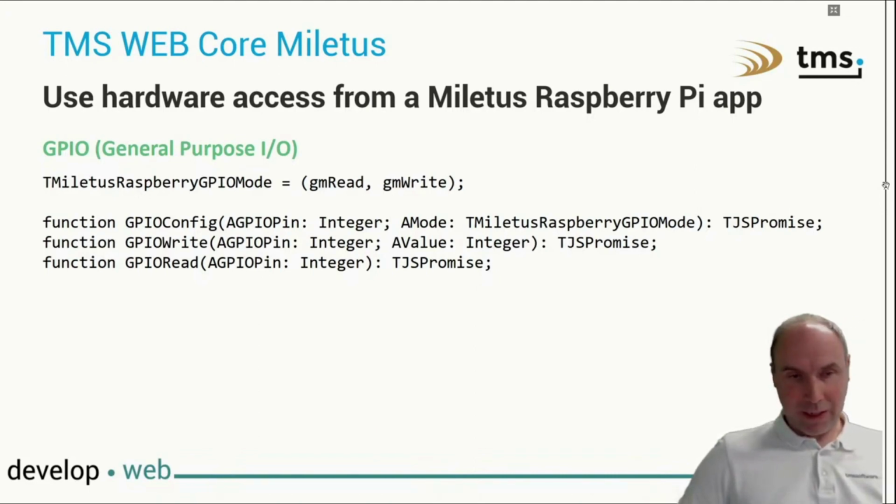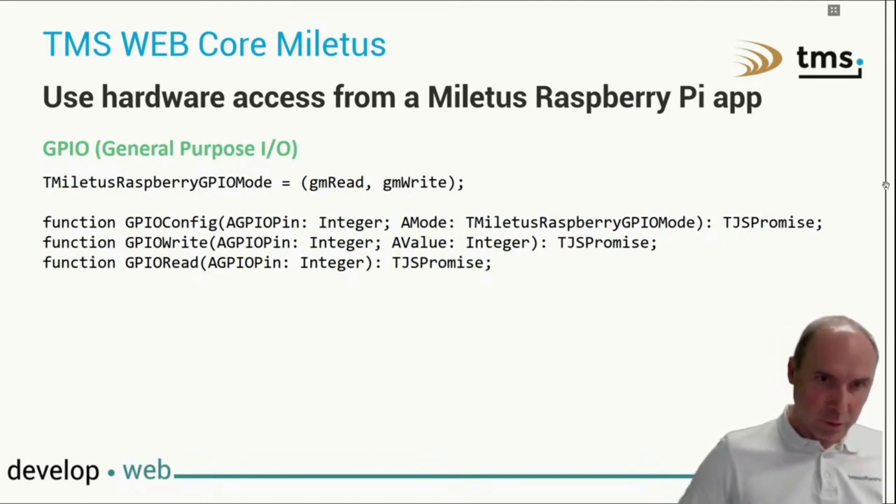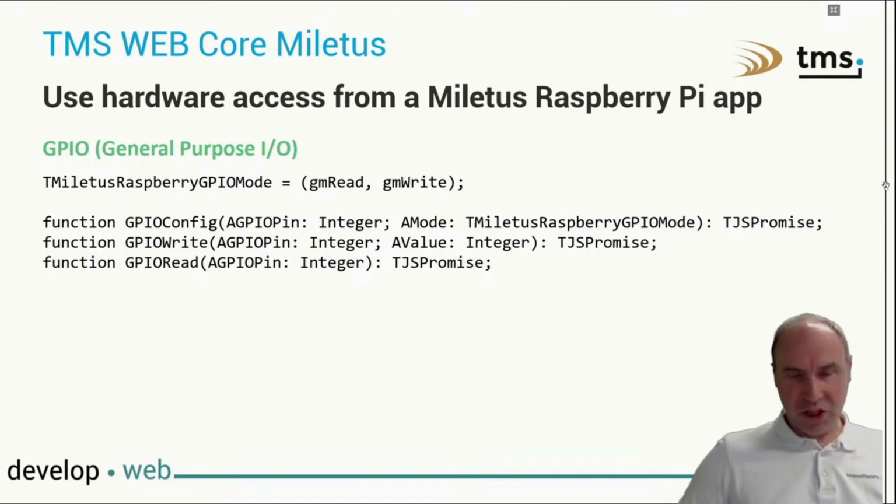You can configure each of these GPIO pins to function as an input or an output with the GPIO config method. And there is a function, if your pin is configured as an output, to write to this pin to set the value of this pin to on or off.